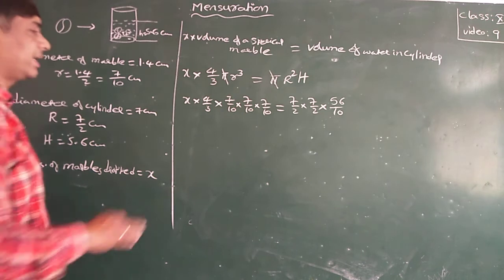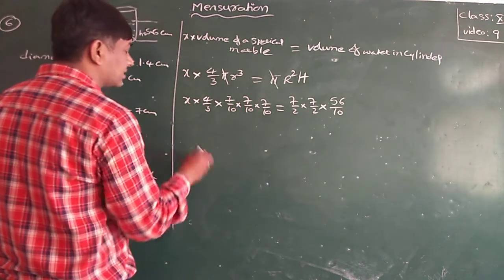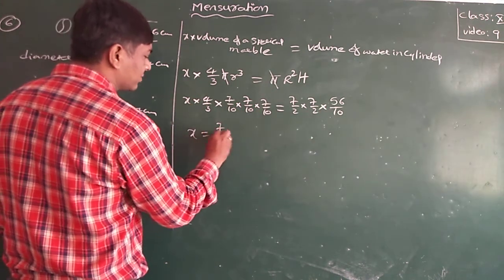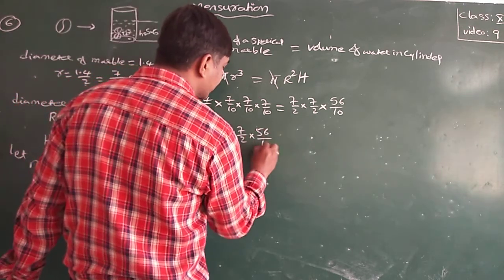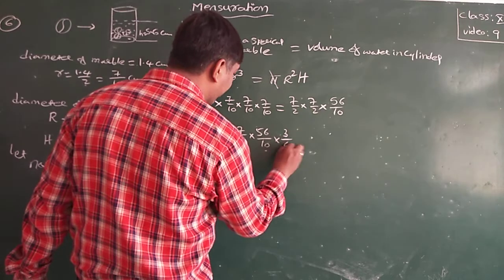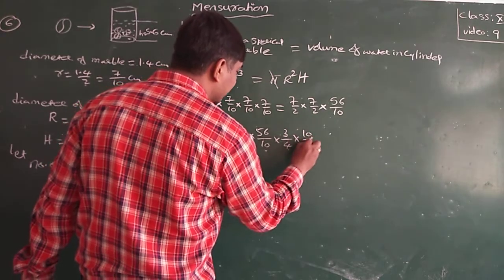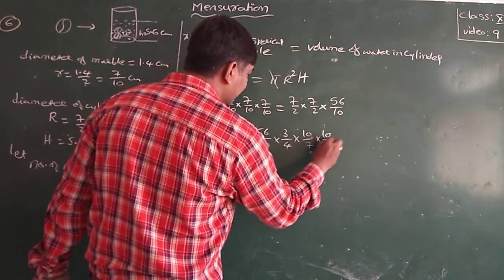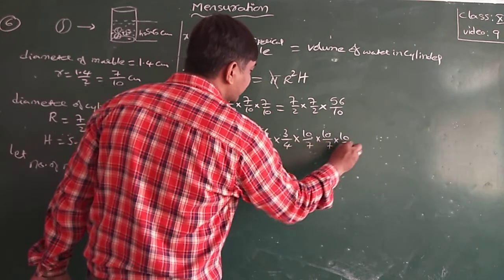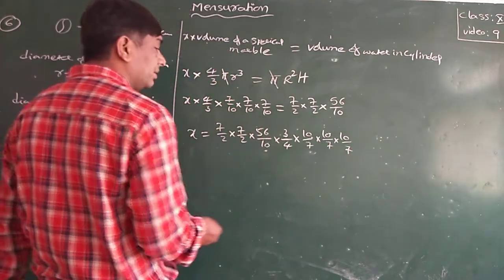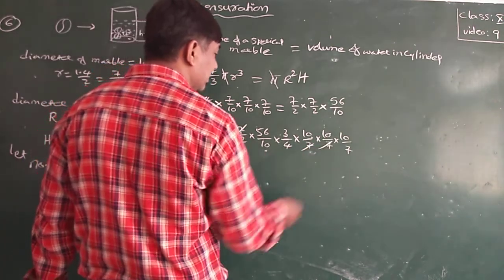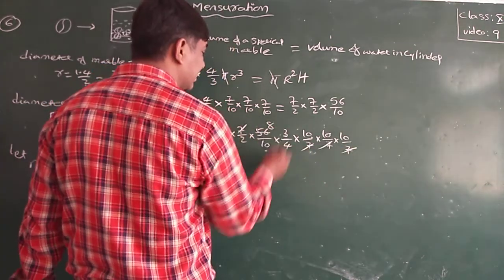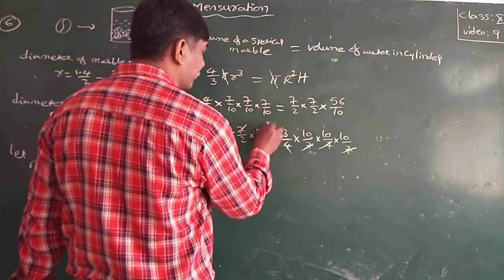56 by 10. Now transpose all values to other side. X is equal to 7 by 2 into 7 by 2 into 56 by 10 into 3 by 4 into 10 by 7 into 10 by 7 into 10 by 7. Now 7 cancel, 7 cancel, 7 8s are 56, 4 1s are 4, 2 2s are 4.